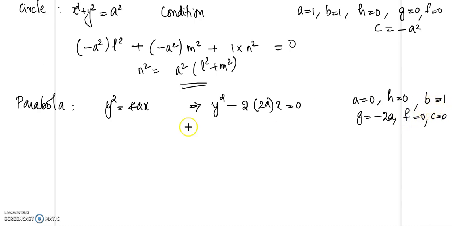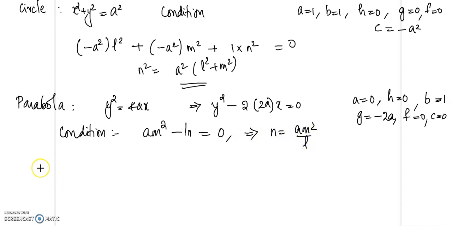So we will obtain the condition as, when you substitute in the equation, the condition for parabola will be of the form am square minus ln equal to 0. So that implies n equal to a m square by l.